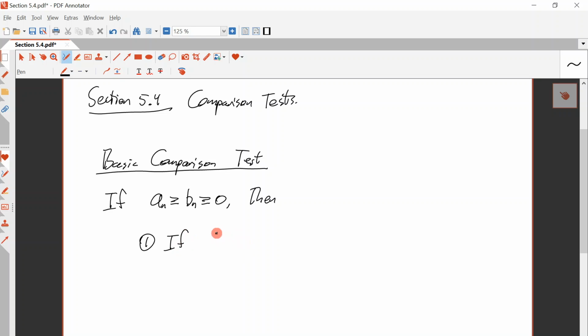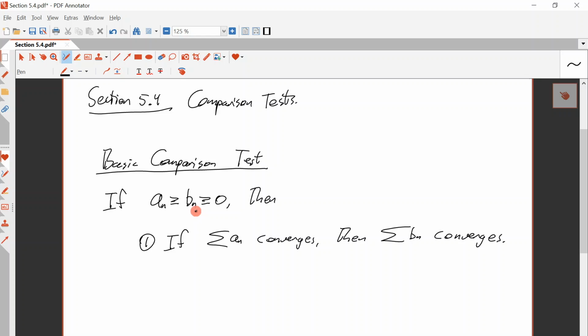If the series a_n converges, then the series b_n converges. Essentially, the sum of the a's is greater than the sum of the b's. So if the sum of the a's is finite, so is the sum of the b's.